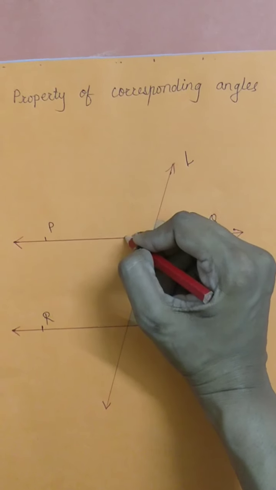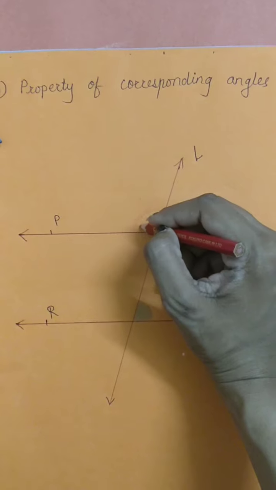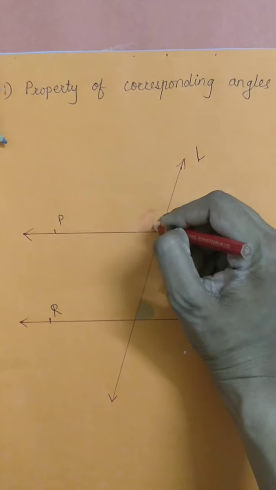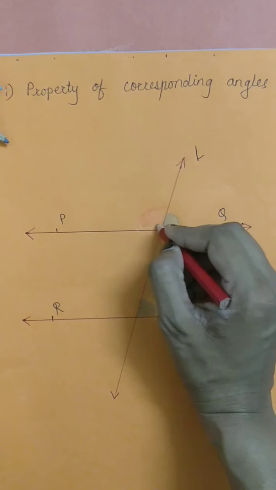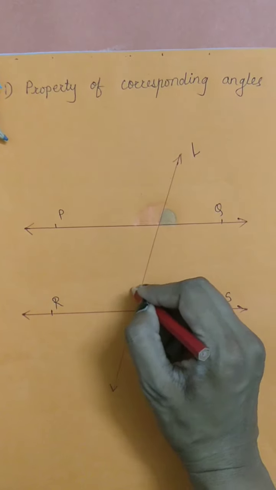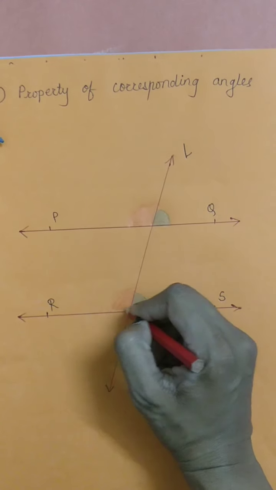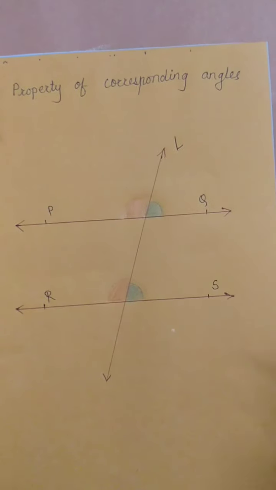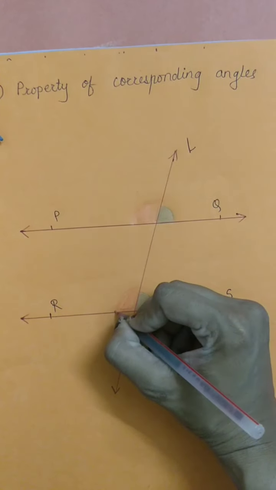So this is the pair of corresponding angles. My red color is not visible. Okay, so we have got this second pair of corresponding angles.